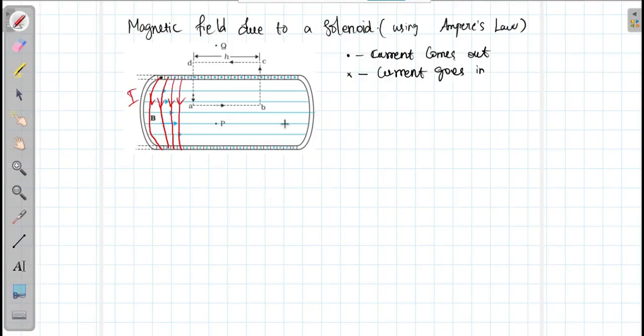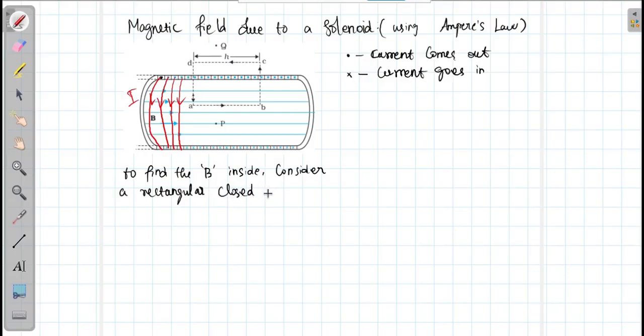Okay, so now to find the magnetic field inside, consider a rectangular closed path ABCD.